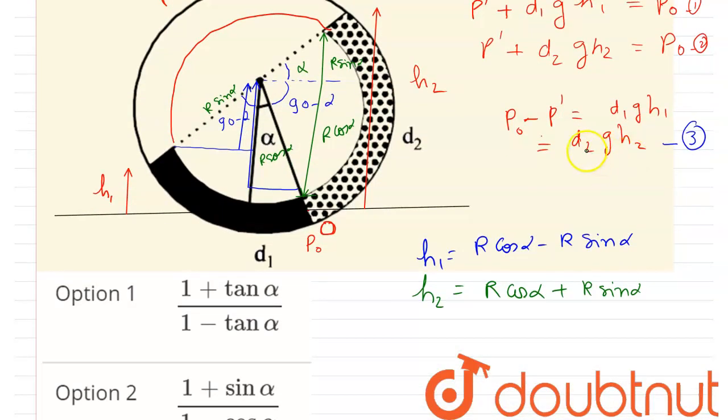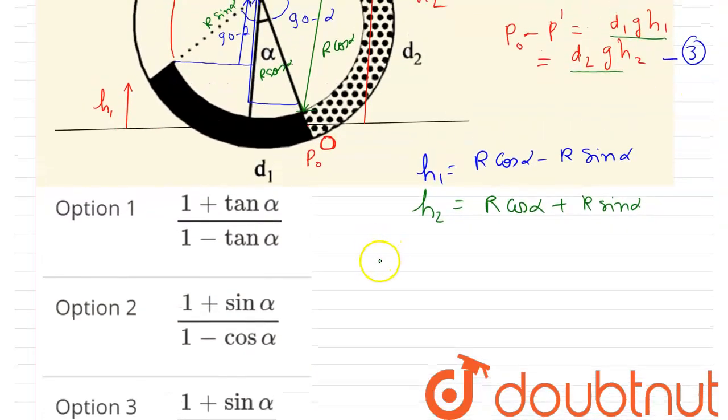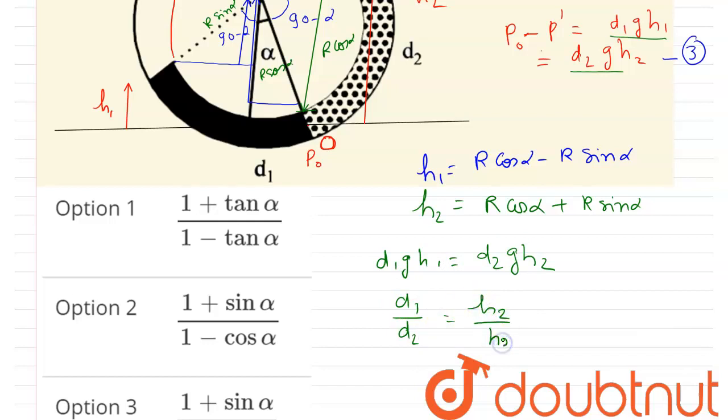So we got equation 3 as d1 h1 into g equals d2 h2 g, right? So let's solve it. I will write d1 g h1 equals d2 g h2. From here you can see d1 by d2 equals h2 by h1, right?